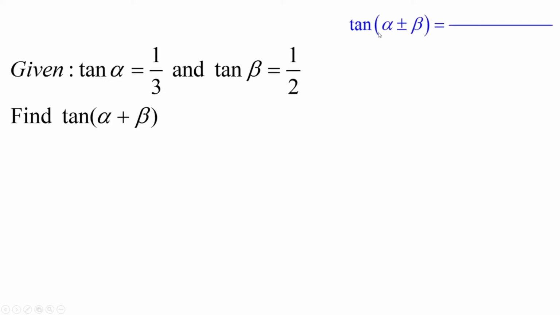So tangent of alpha plus or minus beta is going to be, well, you start with your tangent of alpha, and then plus or minus, you have the same sign here, and then your tangent of beta, and then you have a 1, and then we need the opposite sign right here. So if this is a plus or minus, I'm going to write this as a minus or plus, and then the product of tangent of alpha and tangent of beta.